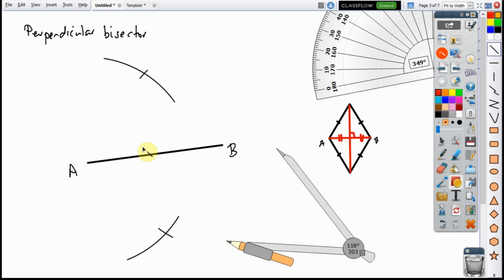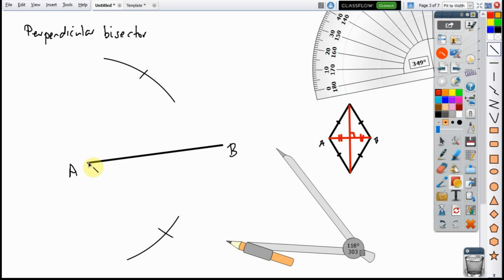So what we have now is the outline of a rhombus just here. We know that these four distances are all equal because we used the compasses, and we never changed the distance between point and pencil as we moved from one arc to the next. It was always kept the same. So these lengths are unquestionably equal to each other.